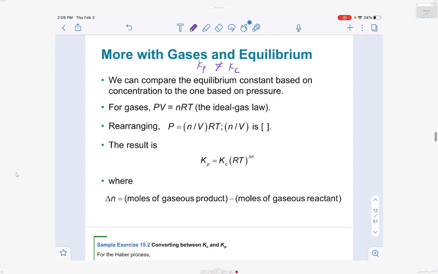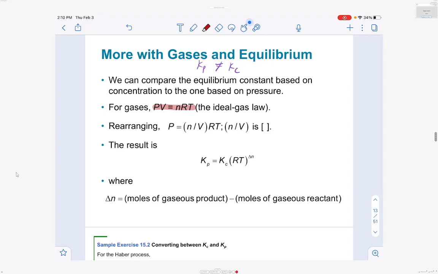If the question provides the Kp information, the question might ask you to find Kc. That relationship we're going to investigate in the next few slides, okay? So first things first, the ideal gas law states that PV equals nRT. I'm pretty sure you guys are familiar with this equation.